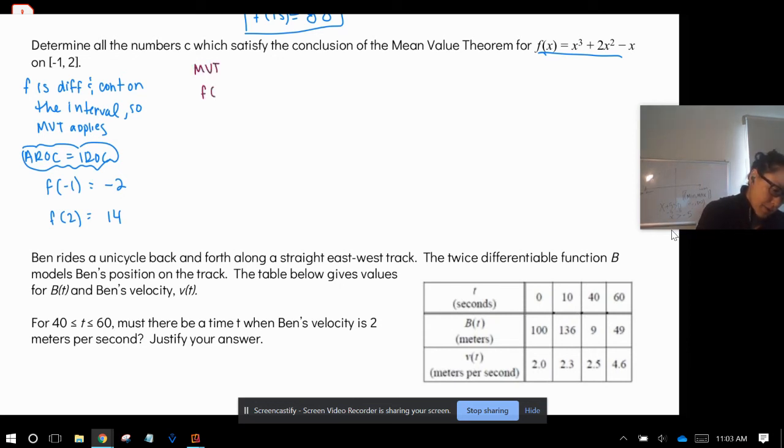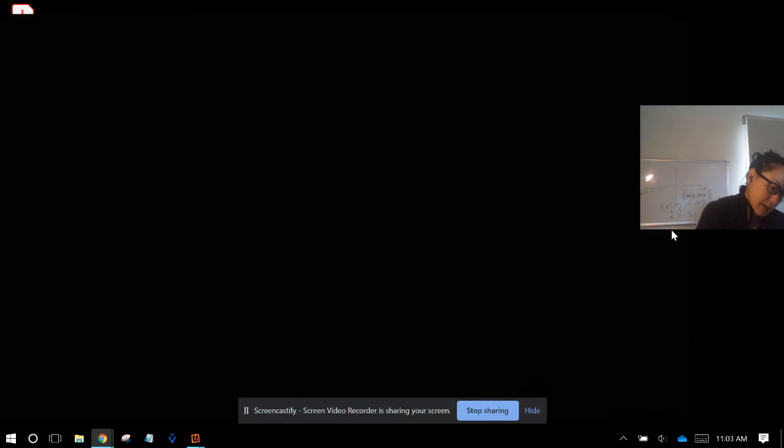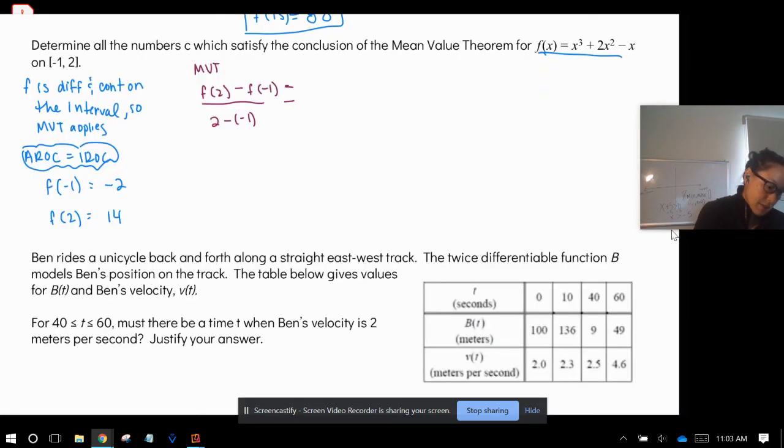And now I'm going to set up my mean value theorem. I know f of 2 minus f of negative 1 over 2 minus negative 1 is equal to the instantaneous rate of change, which is going to be f prime of c. So the instantaneous rate of change at some x value. Now we have to figure out what the average rate of change is.